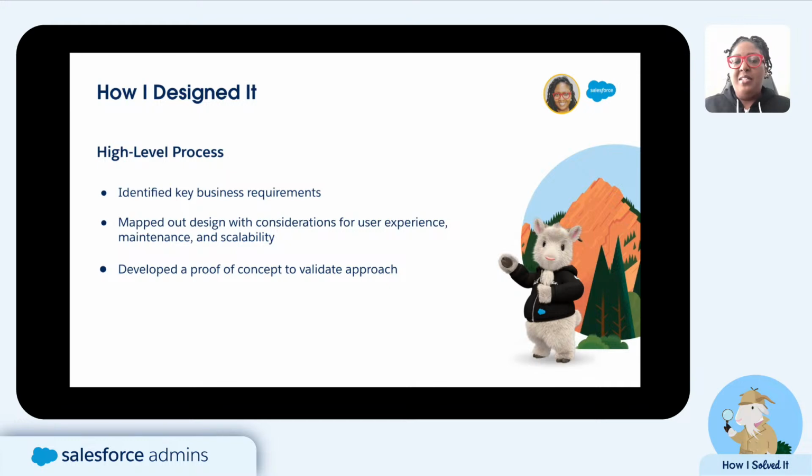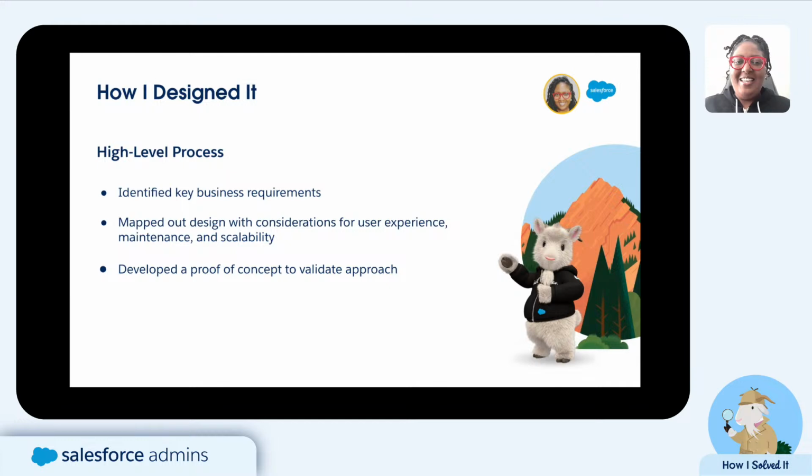And then I mapped out the design. My considerations included the user experience, of course, maintainability by the admins or the resources available on the back end, and then scalability. I'll go into more of these on the next slide.